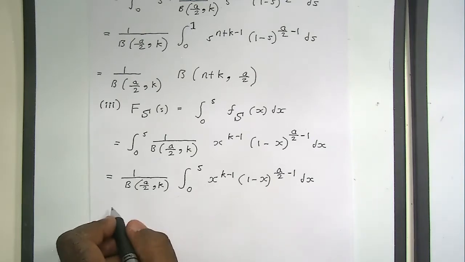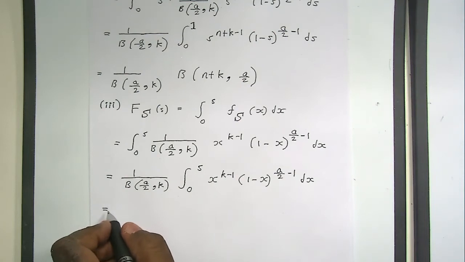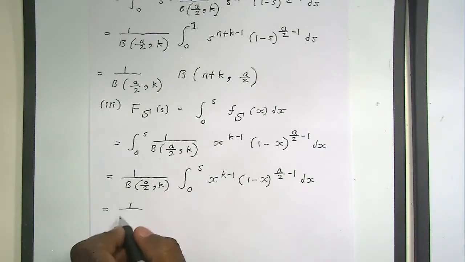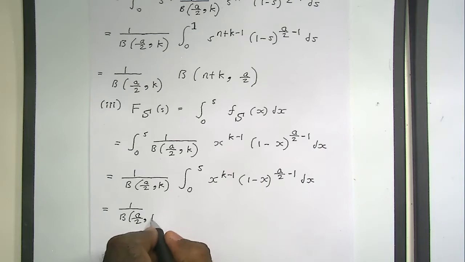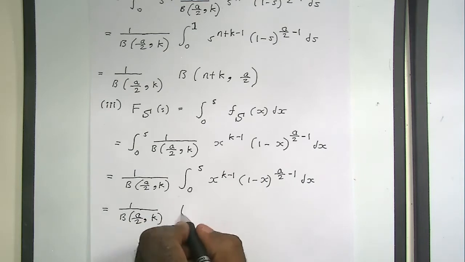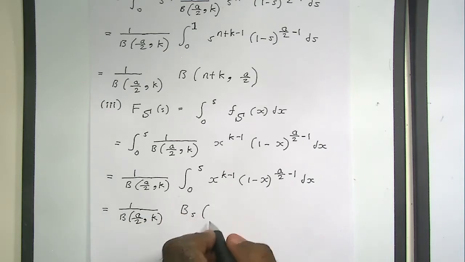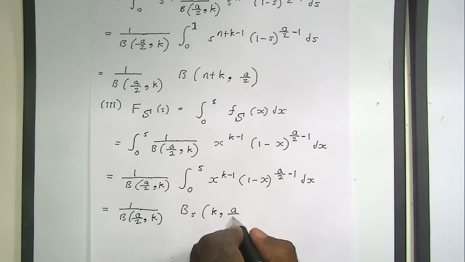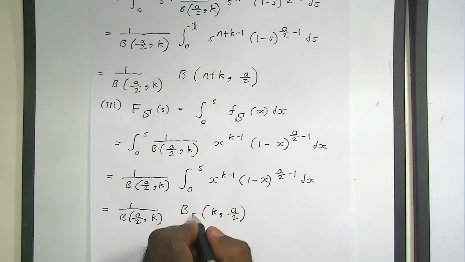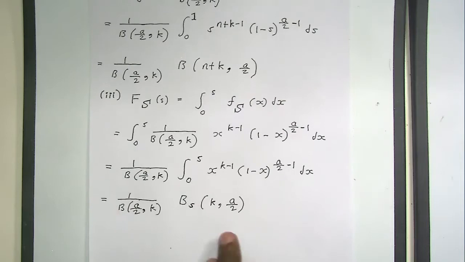So we call this an incomplete beta function, and the notation for the incomplete beta function is like this. S denotes the upper limit of the integral. So that's the answer for part 3.